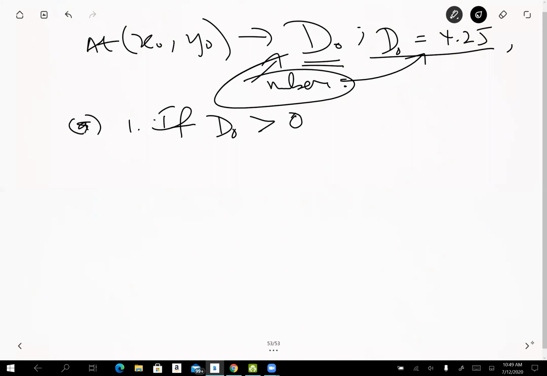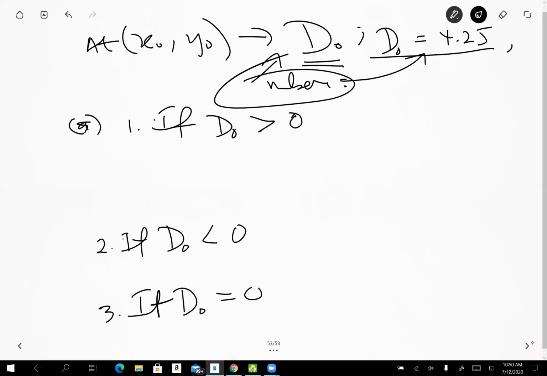And then you may have number 2. What is a possibility? D0 less than 0. What is number 3? D0 equal to 0. Okay, so you have 3 possibilities: bigger than 0, positive; less than 0, negative; 0.